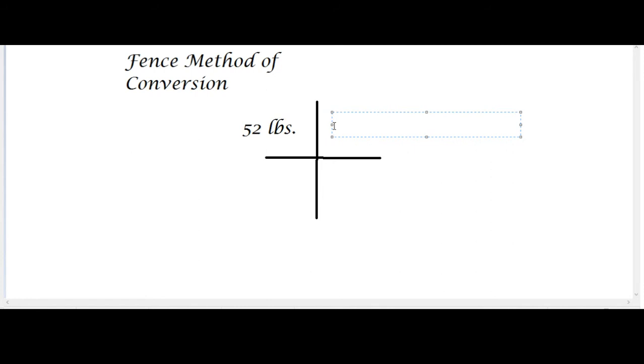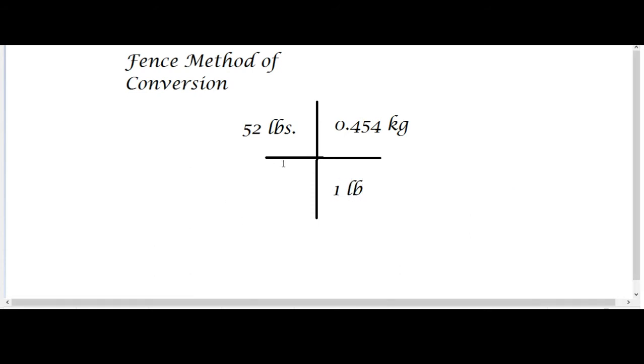So our next example is that a person has a mass of 52 pounds. And I want to know how much is that in kilograms. So what we know is that there are 0.454 kilograms in 1 pound.